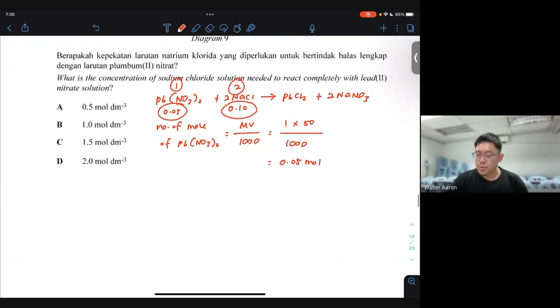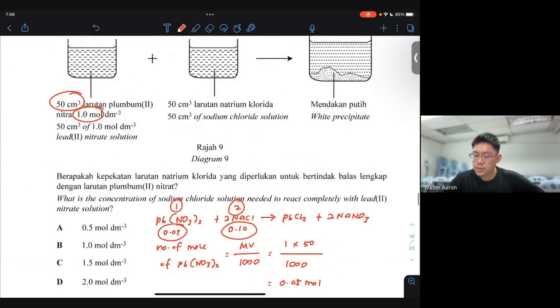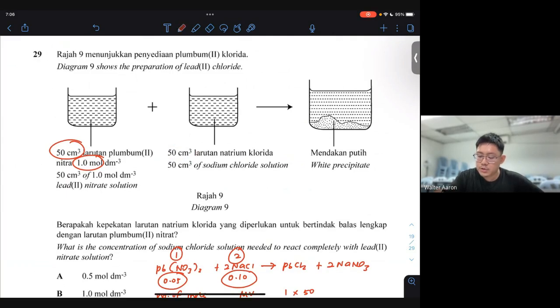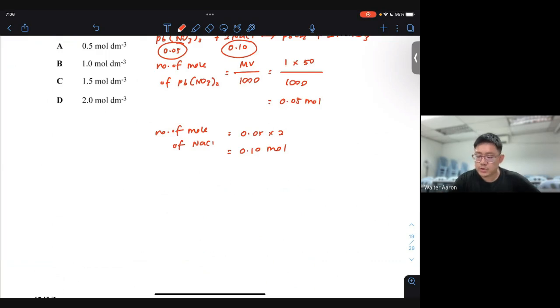So now that you know the number of mole of sodium chloride, just rewrite this again. Okay, number of mole of sodium chloride will be 0.05 times 2, which will give you 0.1 mole of sodium chloride. Now that you know the number of mole and you get the volume of the sodium chloride given over here in this question, then you can use the formula to calculate the molarity or the concentration of the solution.